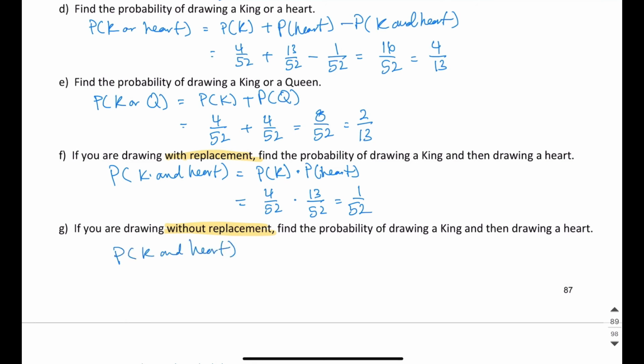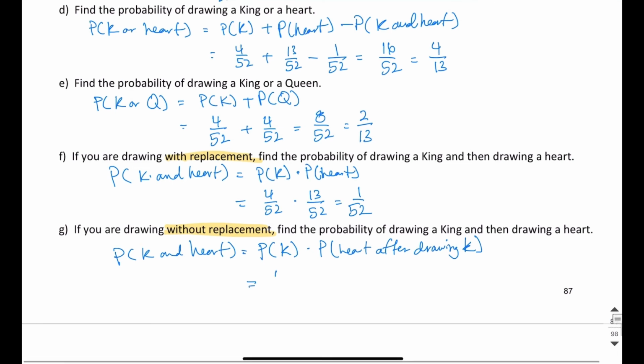In this case, we start off the same. This is the probability of a king multiplied by the probability of a heart after drawing a king. We have to be more specific in this case because now we are not replacing the card. So for the first card that we draw, the king, the probability is still 4 out of 52.